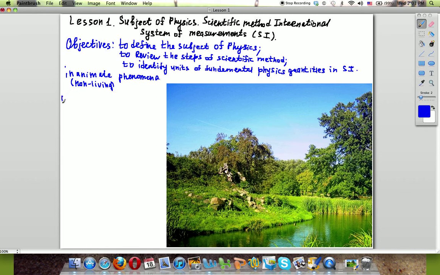So we are concentrating our attention on floating, not on the dog. So physics is a study of matter and energy and their interaction.